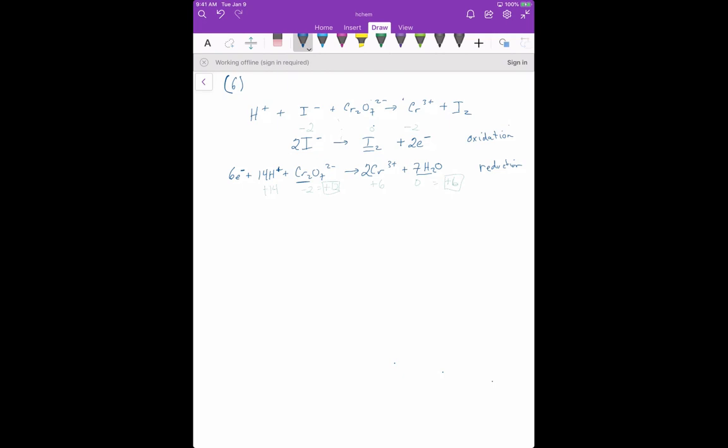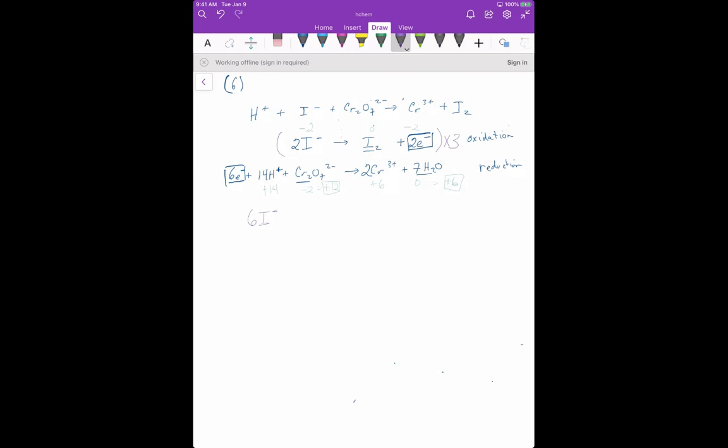So we'll notice that we have 6 electrons gained, 2 electrons lost. Our common factor is 6. So we're going to take everything here and multiply it by 3. Okay, so let's put it all together then. So that means let's take the top oxidation process. We're going to have 6 iodides.